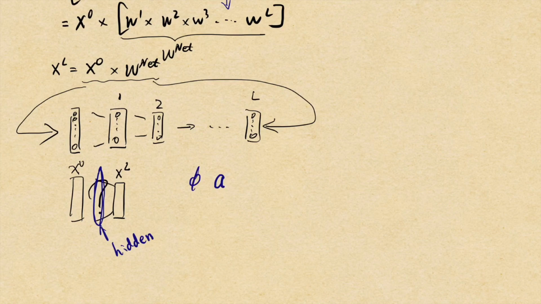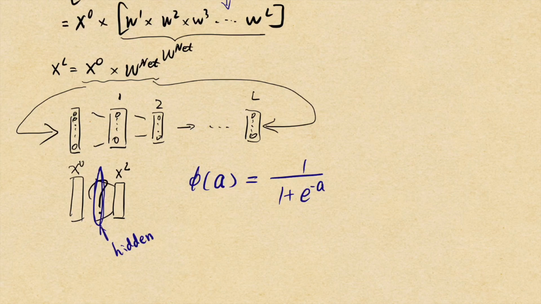Let phi(a) be 1 over 1 plus exponential minus a. Let's consider this function a little bit closer.